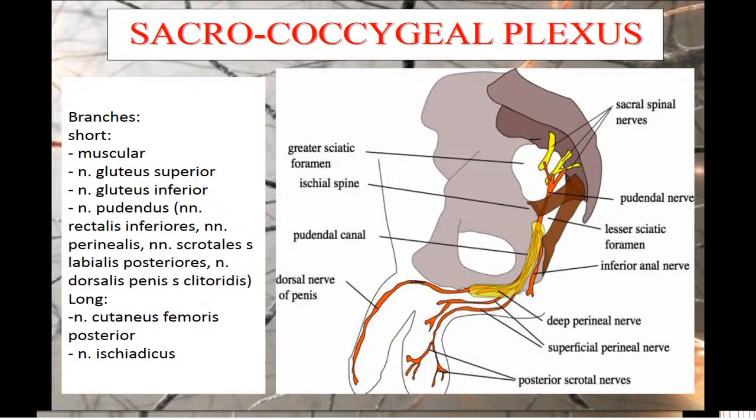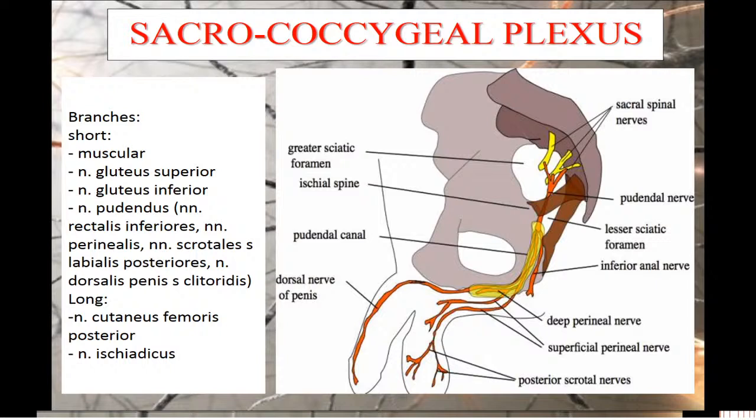The inferior gluteal nerve exits the pelvis via the infrapiriform foramen together with the corresponding vessels, and also the long branches of the sacrococcygeal plexus. It supplies the gluteus maximus and other gluteal region muscles.